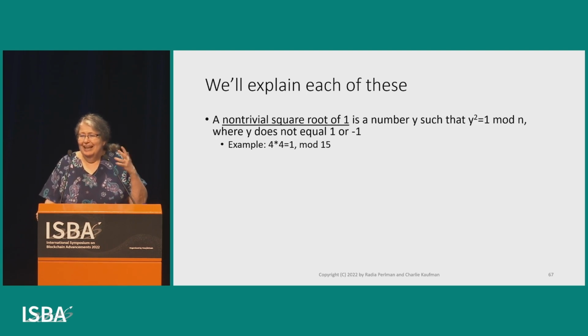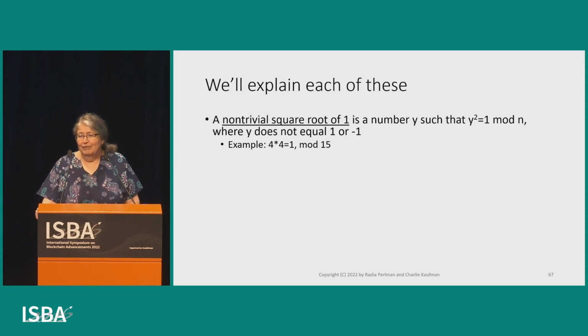So a non-trivial square root of 1 mod n is some number y such that y squared equals 1 mod n, where y is not 1 or minus 1. If y were 1 or minus 1, it would be a trivial square root, but a non-trivial square root is where it isn't.